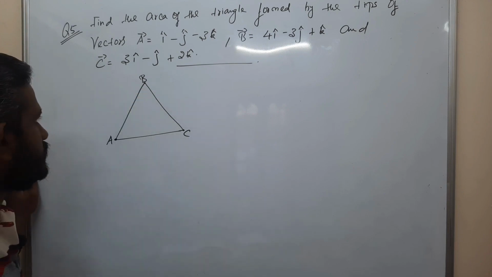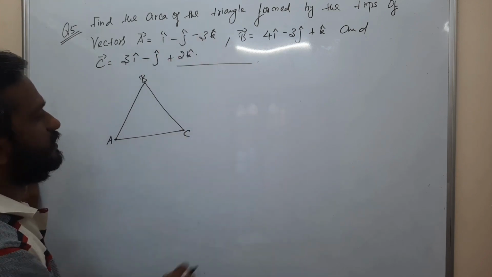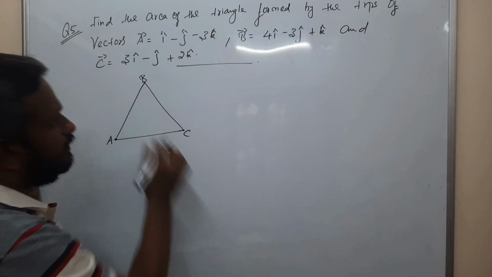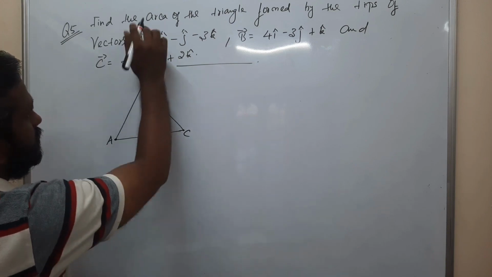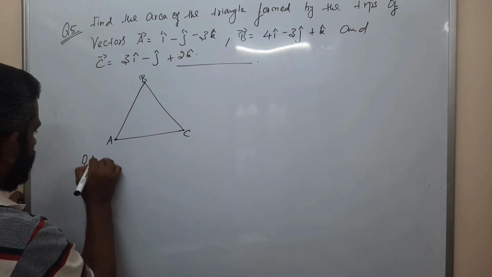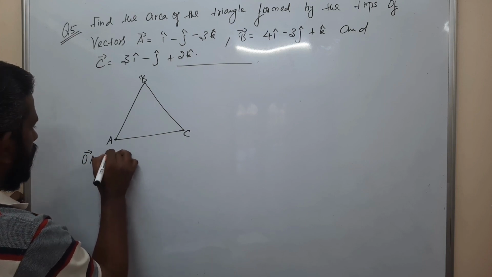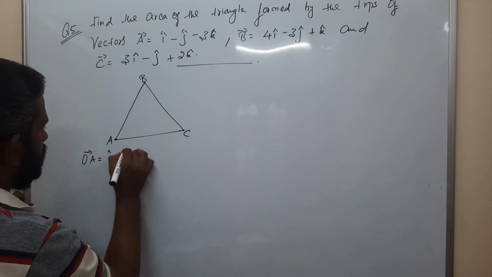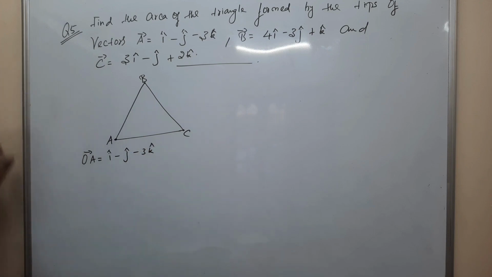So the OA vector is equal to i cap minus j cap minus 3k cap.